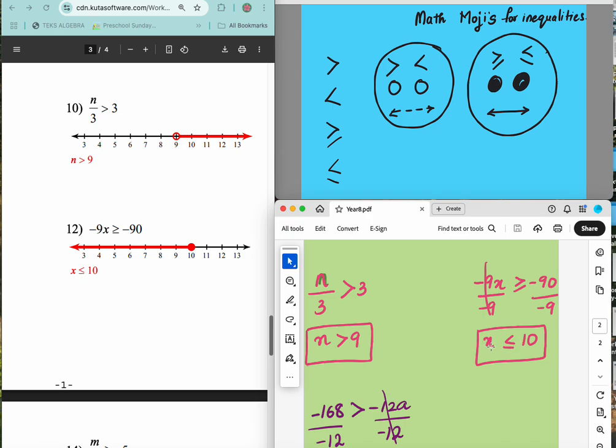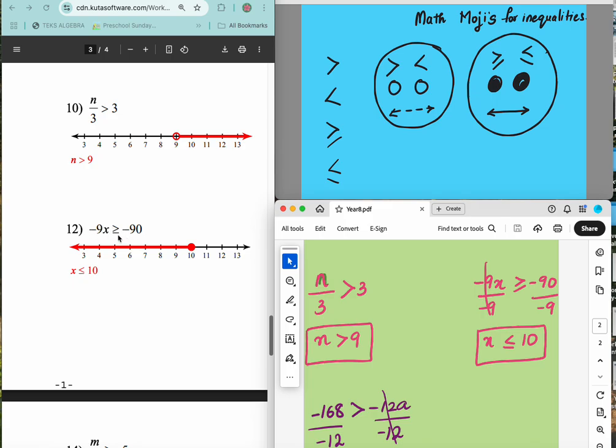Now let's choose a number that is less than 10. So let's choose 9. Negative 9 times 9 is negative 81, which is greater than or equal to negative 90.